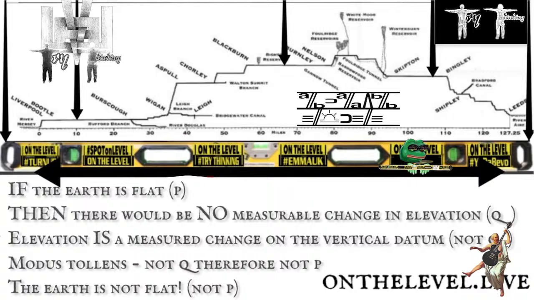There is no conflation between baseline and topography in the argument. It's just a simple if-then argument about elevation change, and obviously the Earth is not flat because of elevation change. That's what the argument is about.